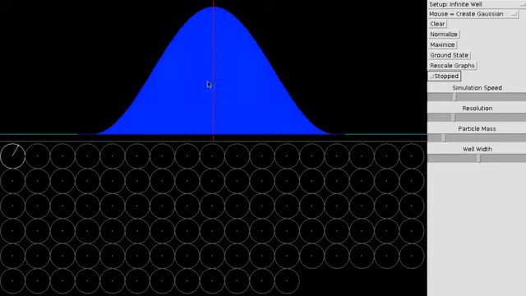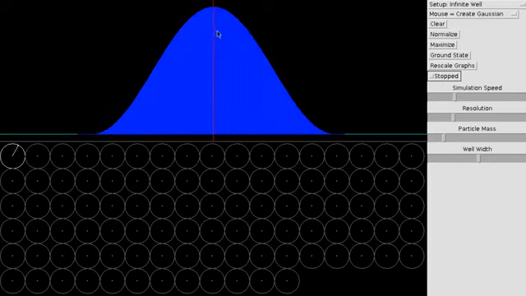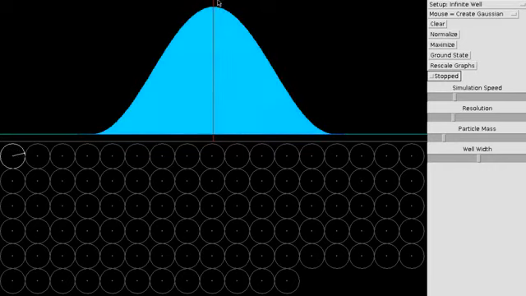The color represents the phase. The vertical size represents the probability density, and the color represents the phase. So it's a representation of where you're likely to find it, and a color-based representation of how quickly it's evolving. The vertical red line here in the center tells you what the expectation value for position is. And in this case, it's right down the middle.